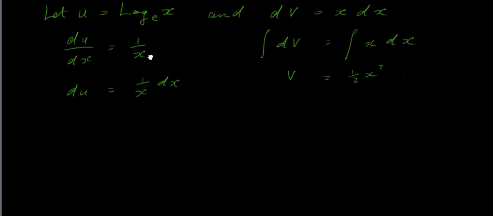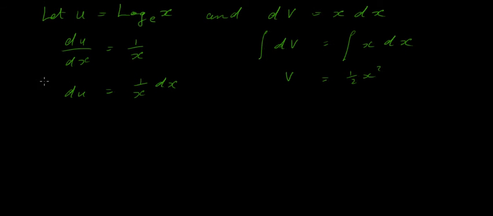So let's just write the formula down again, just to have it here. So our formula is the integral of u dv is equal to uv minus the integral of v du.